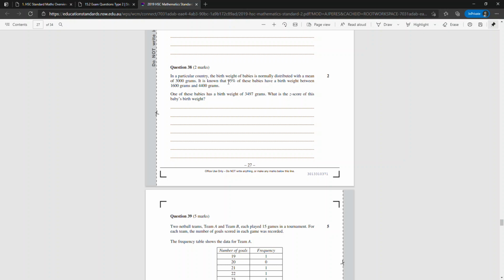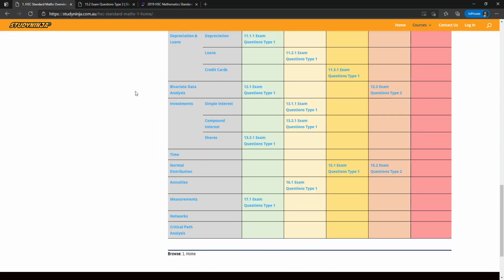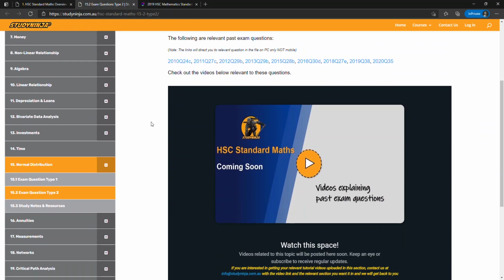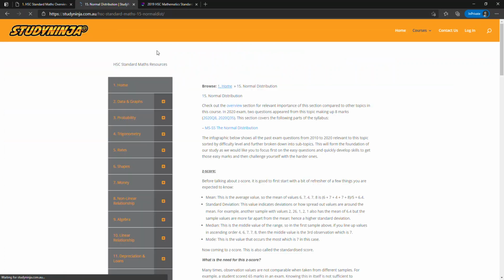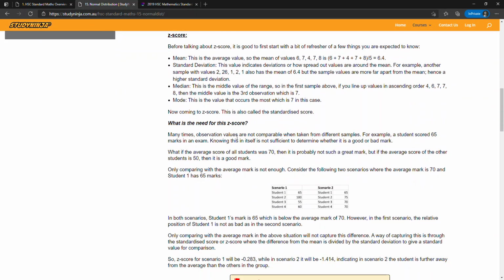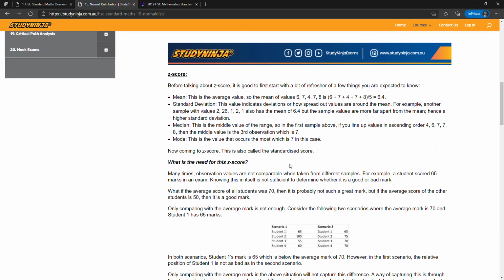One of the things you would need to know is some of the formulas that come with the normal distribution. What are the things that normal distribution already has? So it would be a good point if you look at the notes over here. These would tell you what are the things that you need to know.